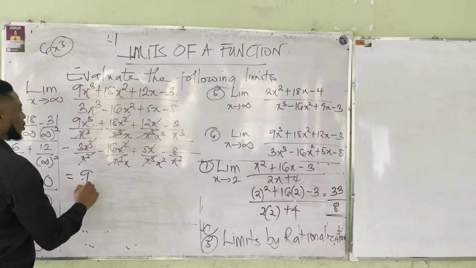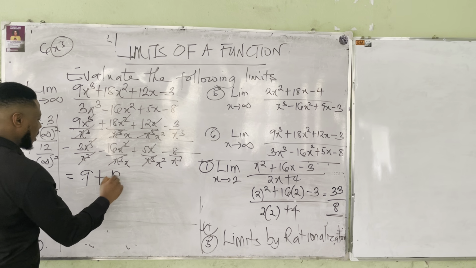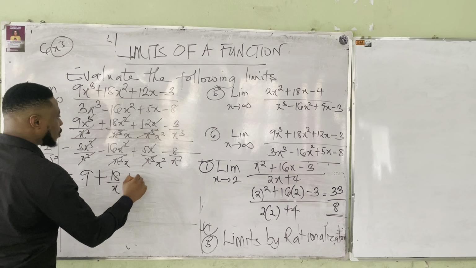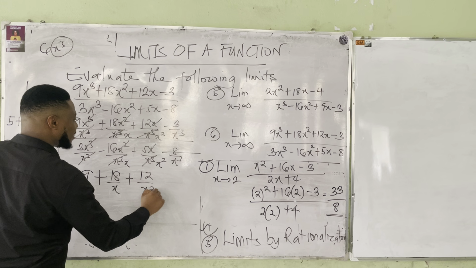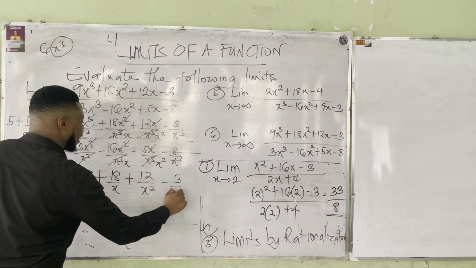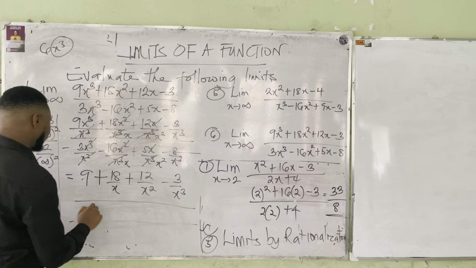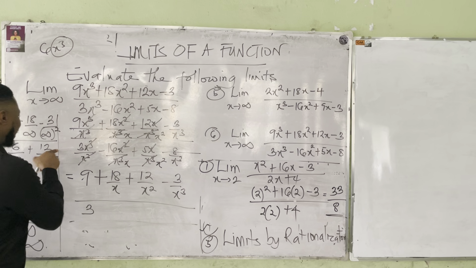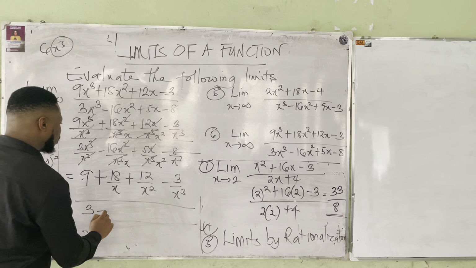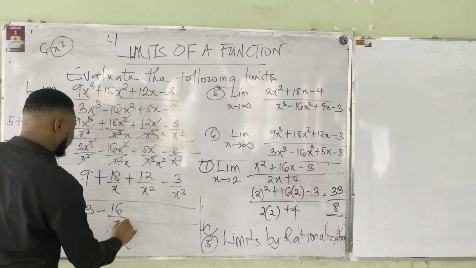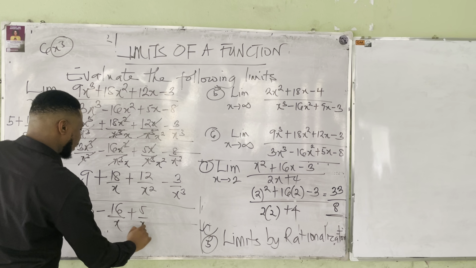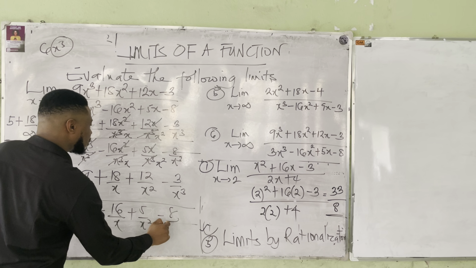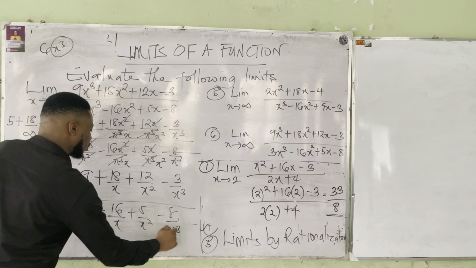9, right? So this will be 9 plus 18 over x plus 12 over x squared minus 3 over x cubed, all divided by 3 minus 16 over x plus 5 over x squared minus 8 over x cubed.